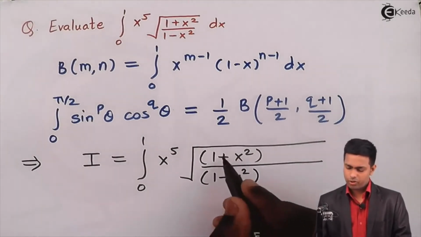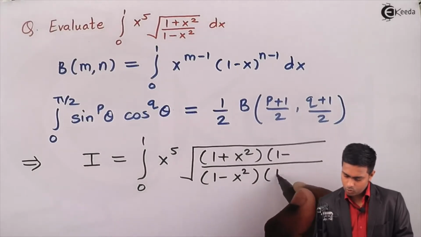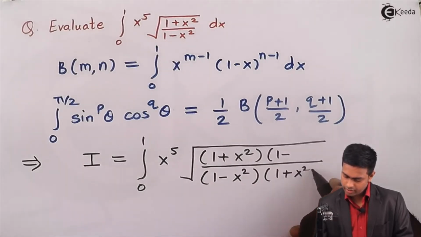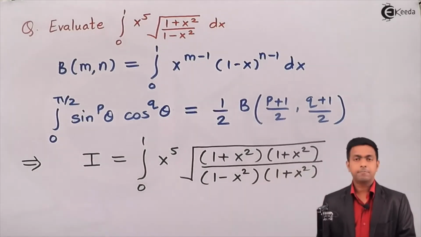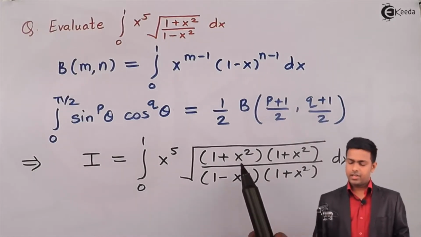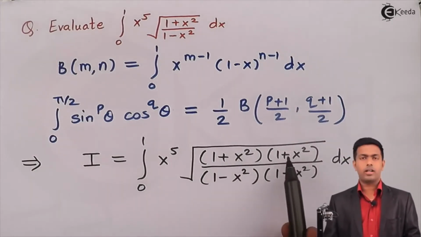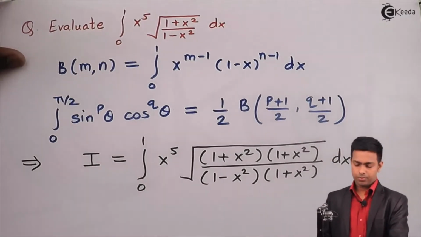The conjugate of this term is 1 plus x square, and here it will be 1 plus x square into dx. Now by this, we will get (1 plus x square) whole square, and that will be cancelled with the square root.